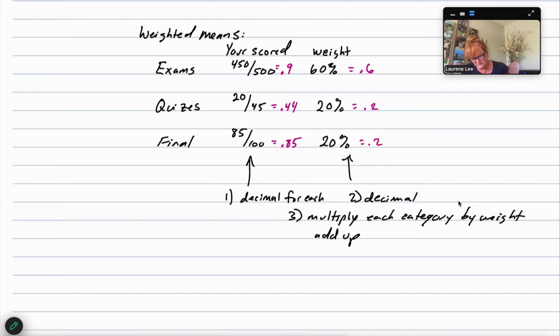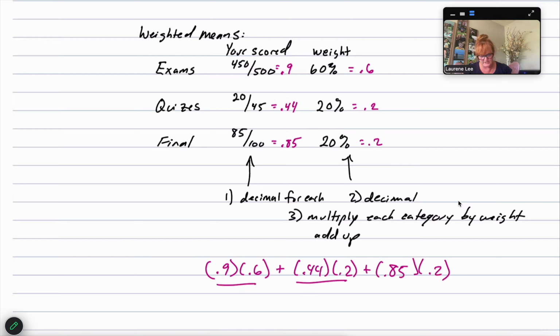So what I'm going to do in this calculation is 0.9 times 0.6 plus 0.44 times 0.2 plus 0.85 times 0.2. This is your exams, this is your quizzes, and this is your final. So each score times the weight, and score times the weight. See, my cat is making an appearance.